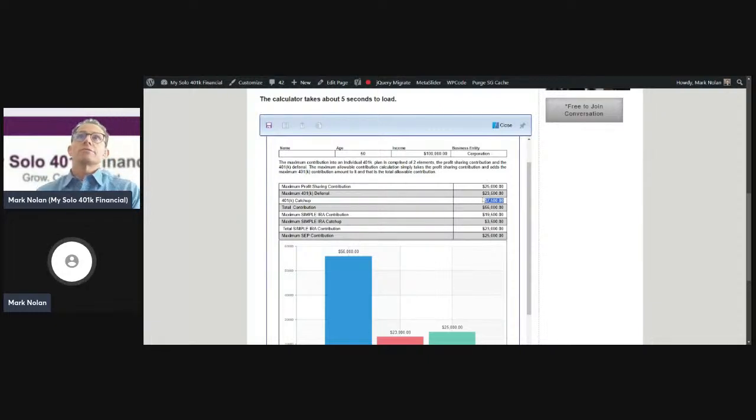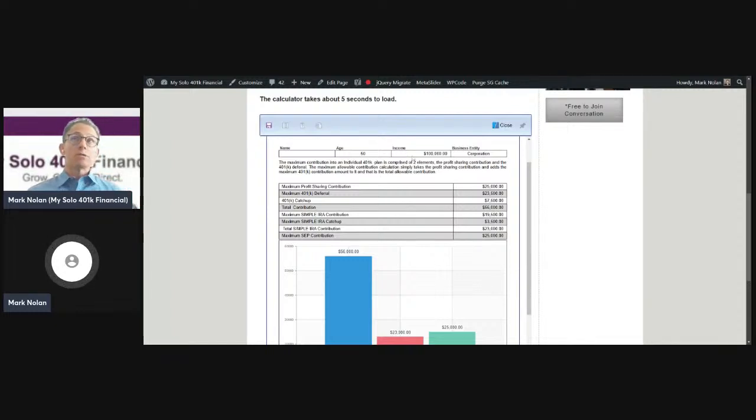So you add those three amounts together, and we get what? $48,500 plus the $7,500 gives us $56,000.